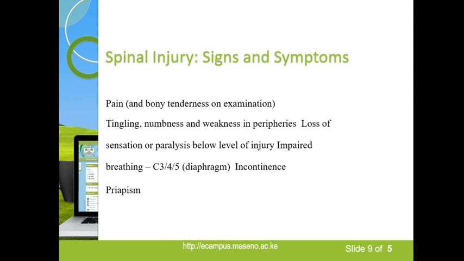They could have impaired breathing if the injury is at C3, 4 or 5, and they could also have incontinence and priapism. Those are some of the signs and symptoms you'd see in spinal injury.